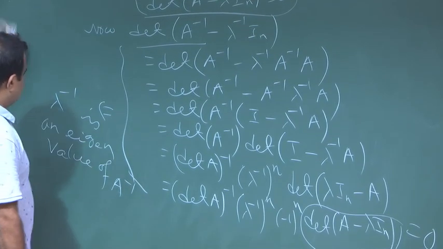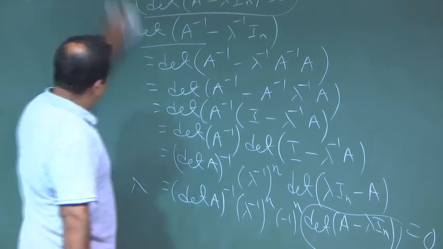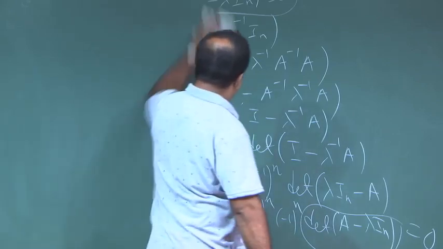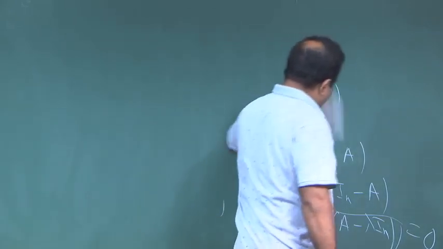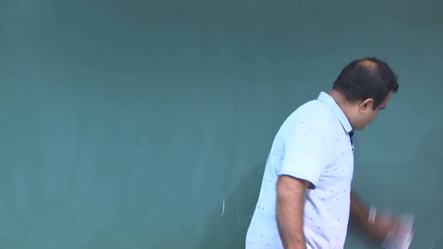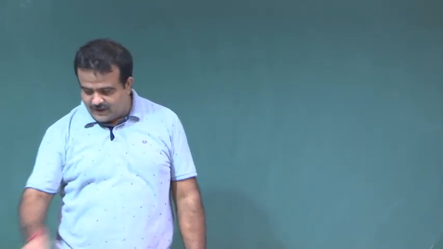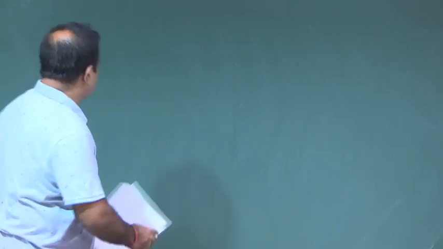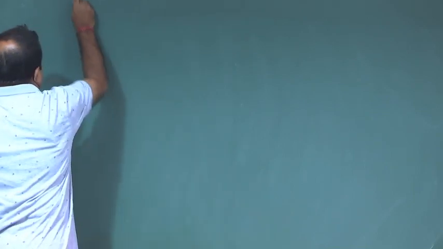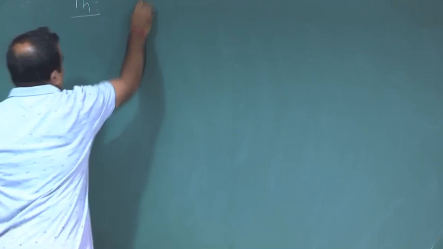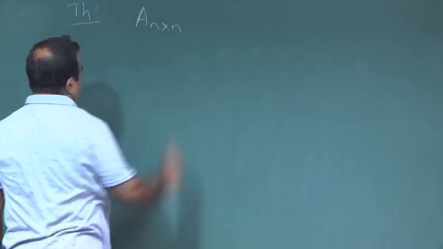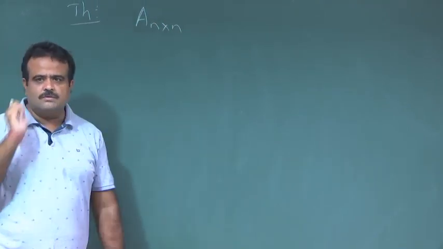Okay, now we will see another result, another theorem. So, we have a square matrix A, which could be singular or non-singular.